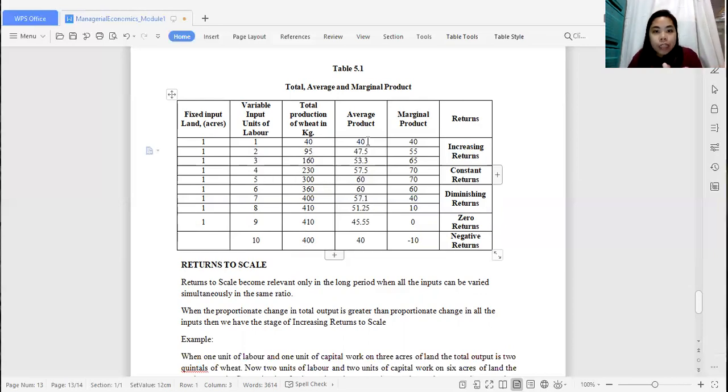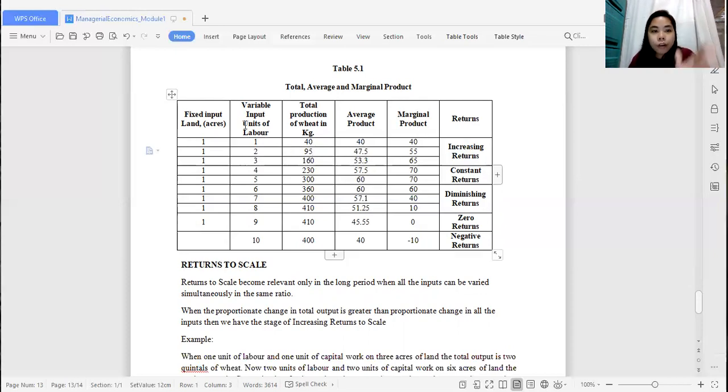So magkuha ta sa aton average product. So we have total output divided by our units of labor. So 40 divided by 1, 40, 95 divided by 2, 47.5, and so on. So marginal product.